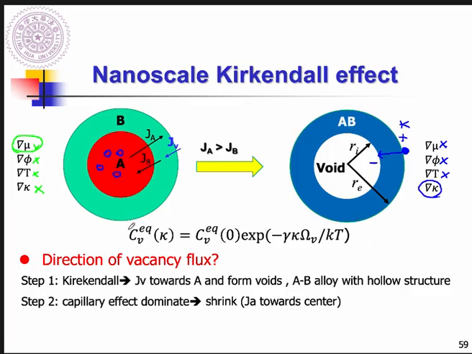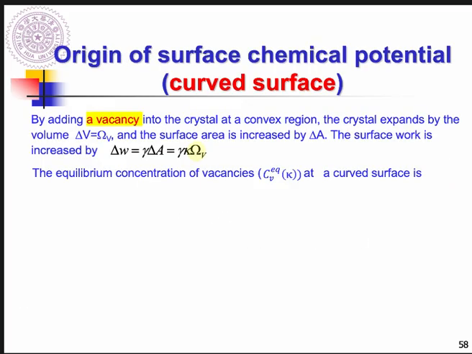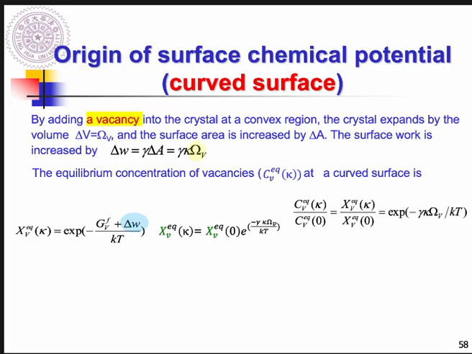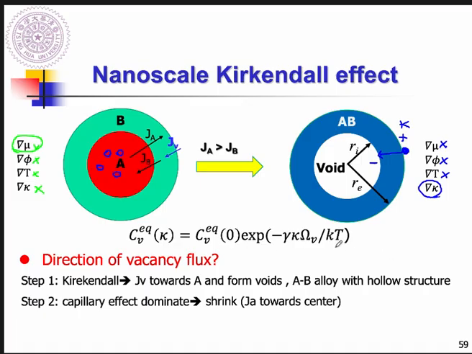This result we actually derived from the previous slide. Just copy this result. This result is regarding vacancy concentration as a function of curvature. So just directly grab these results. Because we switch to the vacancy point of view, when kappa is positive, in the exponential you have a negative term.